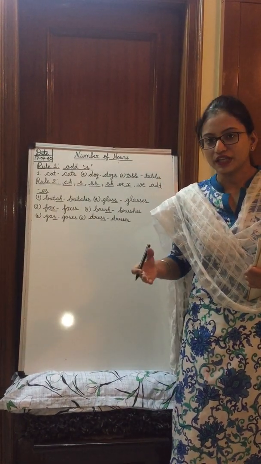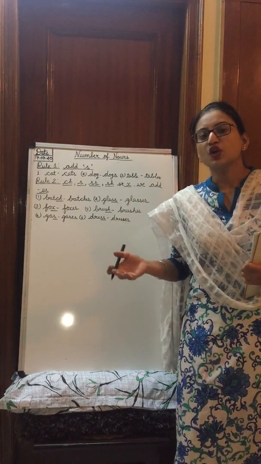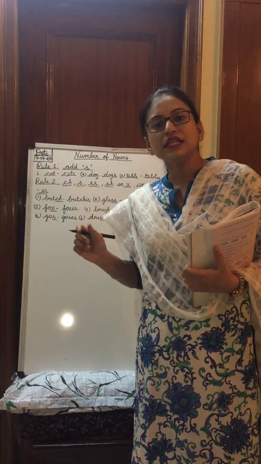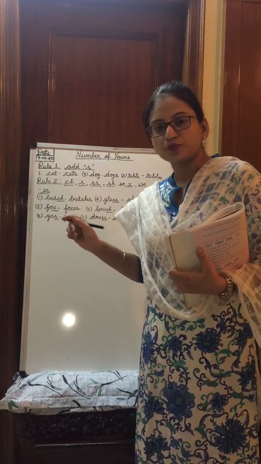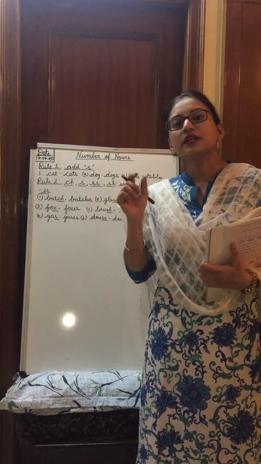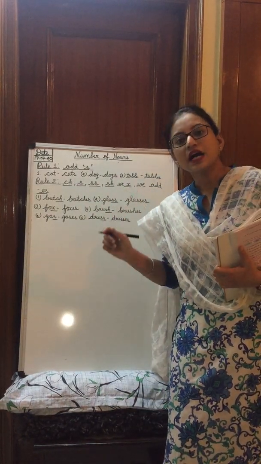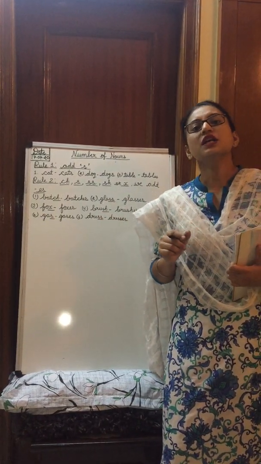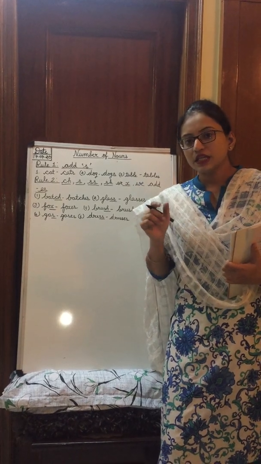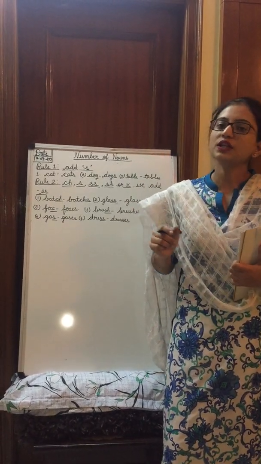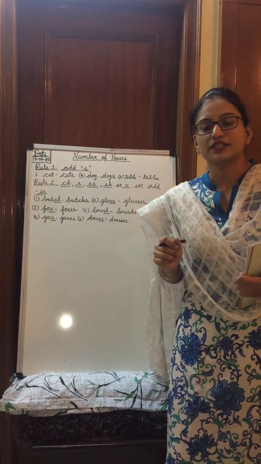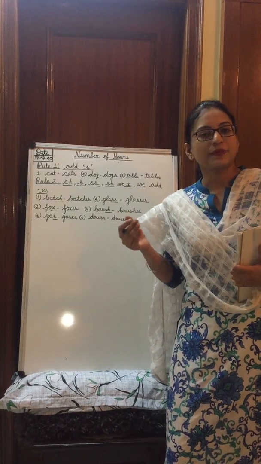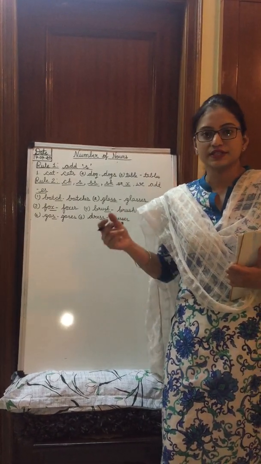But just for recap, vowels are A, E, I, O, U, and all the other alphabets are consonants. So, our rule number 3 and 4 are based on vowels and consonants.